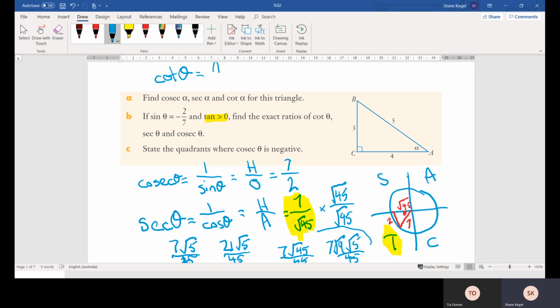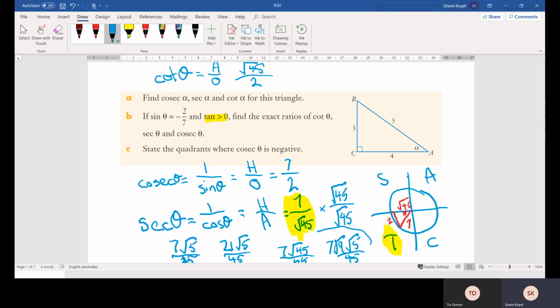So we're looking for A over O, or swapping our fraction. Our adjacent side down here was our root 45 on A over O, so 2. And because I don't have a surd on the bottom of the fraction, I don't need to worry about rationalizing the denominator.